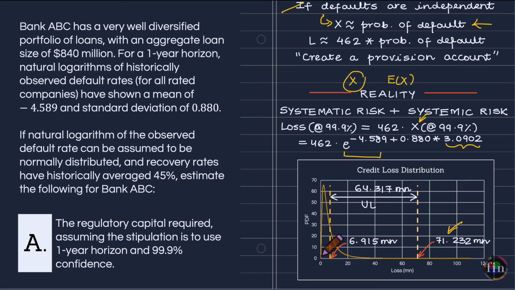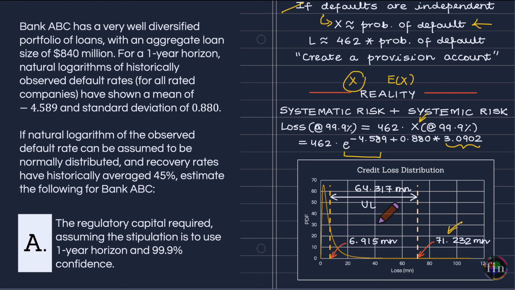Okay, so this portion of the loss is already covered for using the provision account. We only need to have capital in place that can give us a buffer against this portion of this extreme loss. Okay, this portion is referred to as unexpected loss. It's the difference between a quantile loss picked at a certain level of confidence and the expected loss.